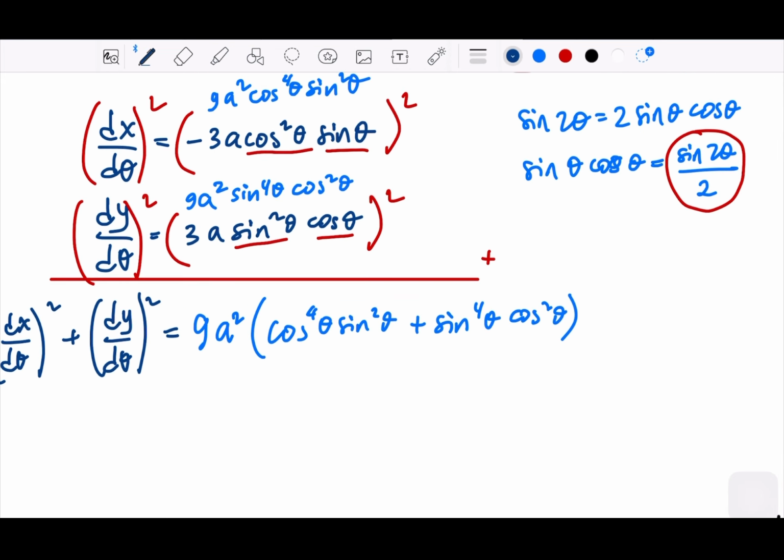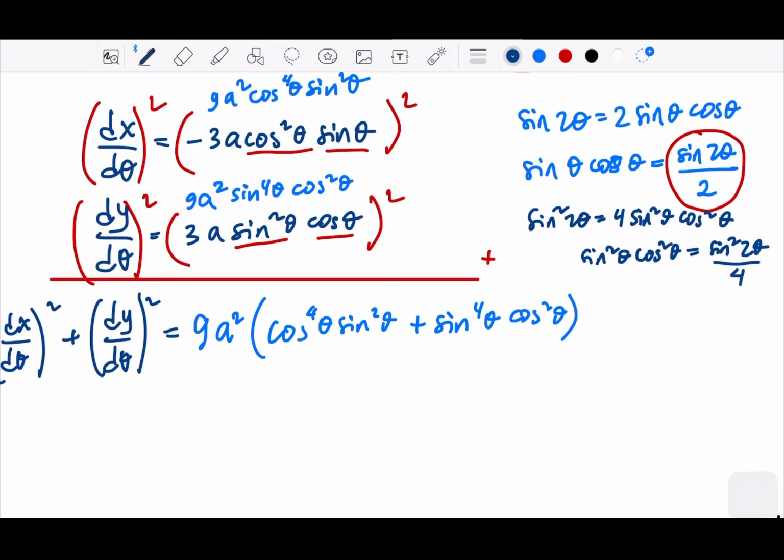If we have sine 2 theta, this means we are going to square. So sine squared 2 theta will be equal to 4 sine squared theta cosine squared theta. So sine squared theta cosine squared theta is equal to sine squared 2 theta over 4.